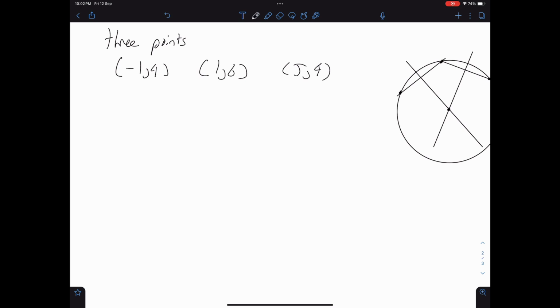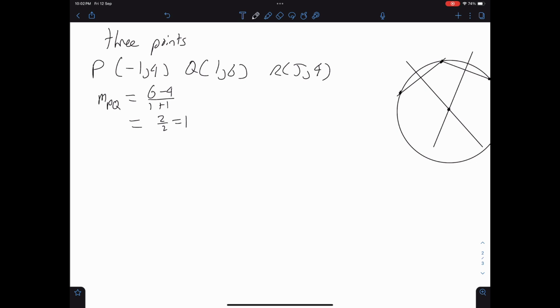We'll call these P, Q, and R, and let's first work on P and Q. I'd first work out m of PQ, the gradient. 6 minus 4 over 1 plus 1, that's 2 over 2, equals 1.